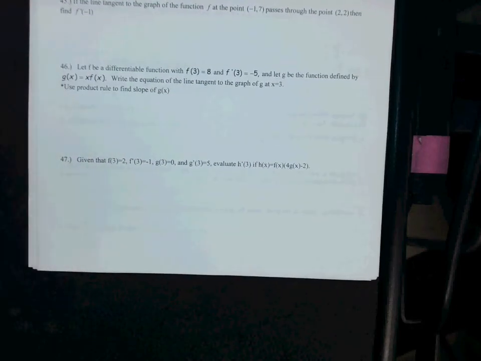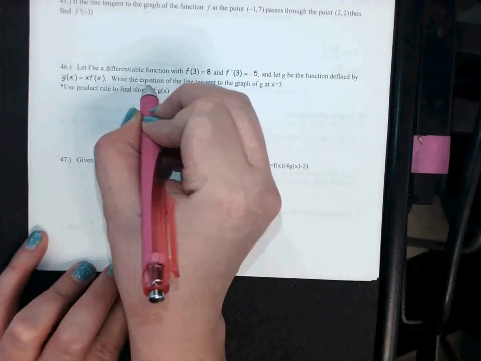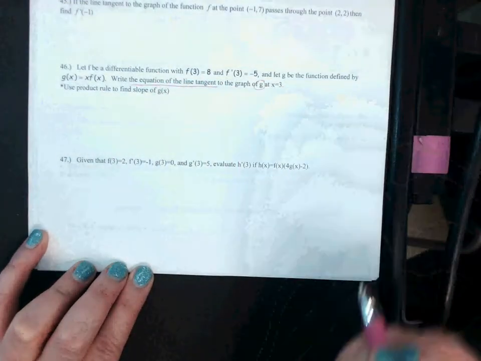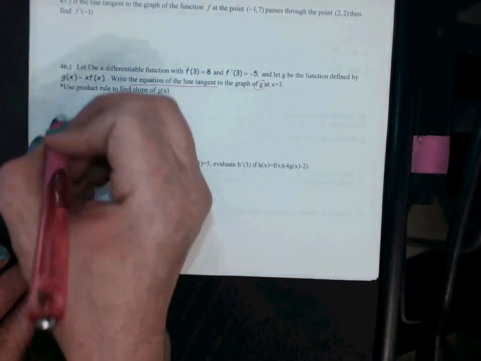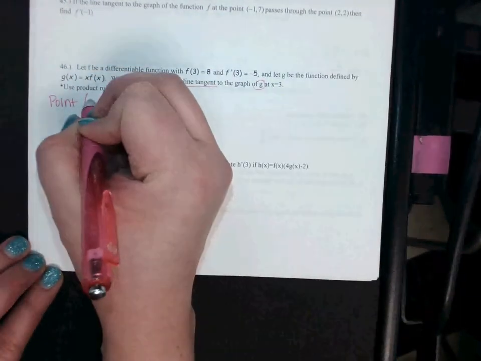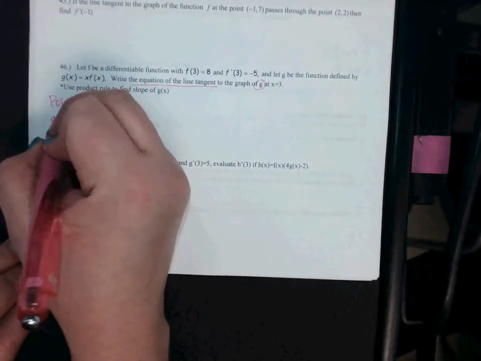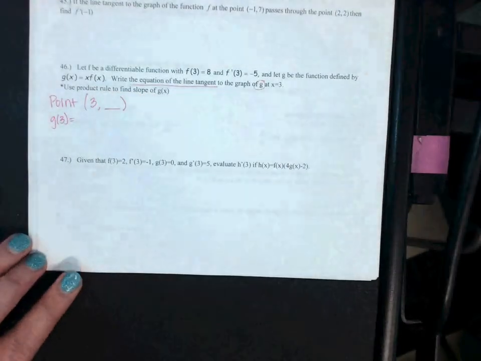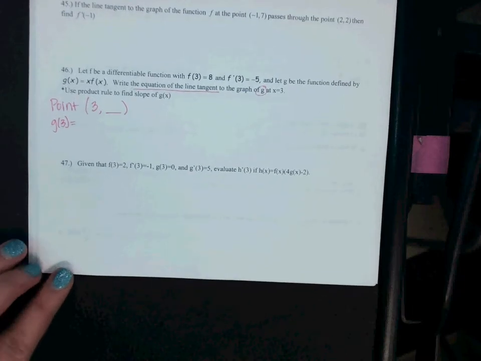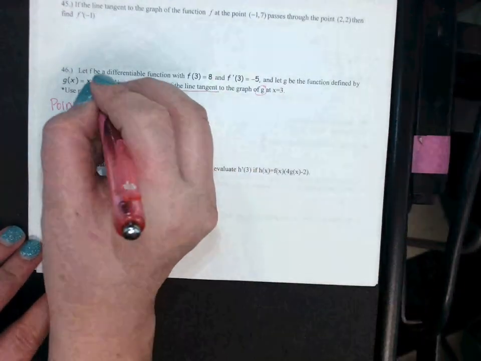Okay? So, number 46 is the one that we picked. We want to write the equation of a tangent line to the graph of G. What two things do you need? Okay, for a point, what's my x value? 3. Okay, my y value, I need G of 3. Now, if you are one of those people that never read the question, it says that G is given by this equation.